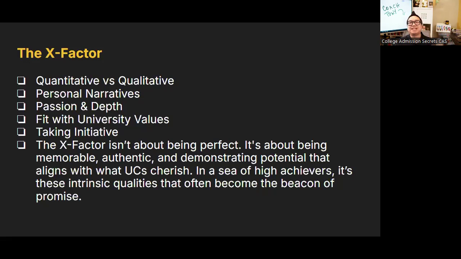And the big thing here is that we can sniff it. We can sniff if you don't genuinely care about a certain topic and you're just doing something just to do something, right? That's why we tell our students, what do you like to do? What do you enjoy to do? Let's do that. That is the key for us through this whole process here, okay?